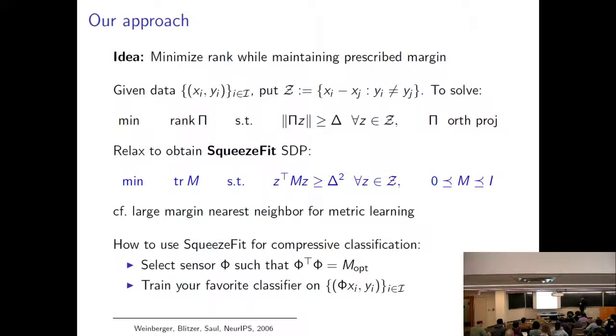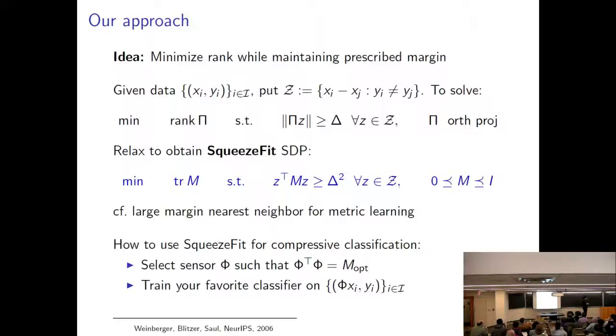So SqueezeFit is useful even when this relaxation is not tight. You don't even have to round. You can still use what SqueezeFit delivers. And this is how you do it. You ready? You run SqueezeFit and you get an optimal M, call it M opt.